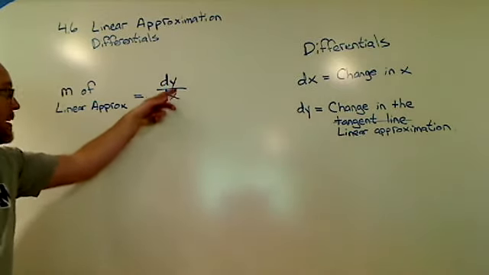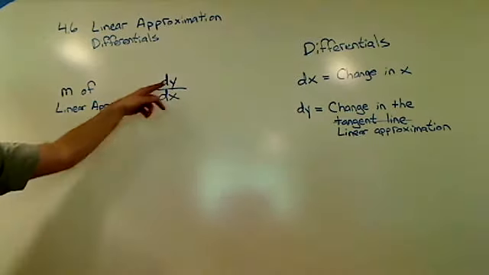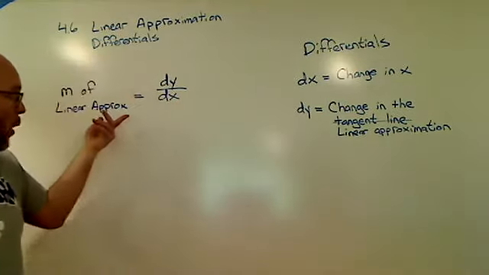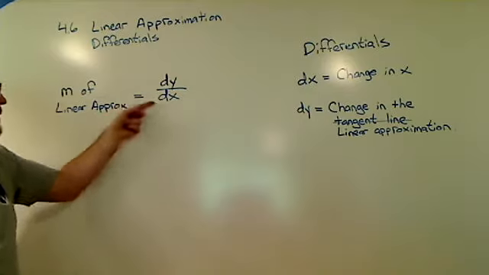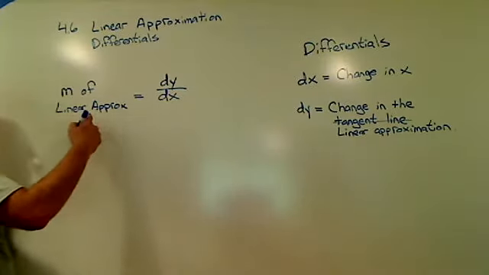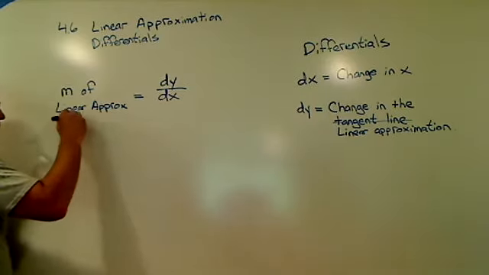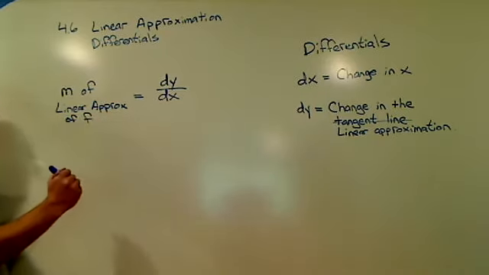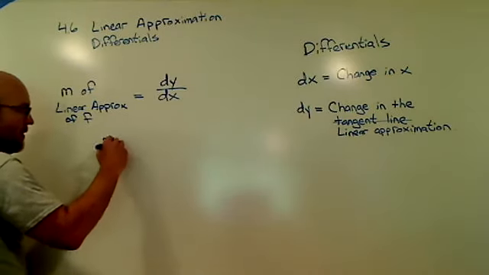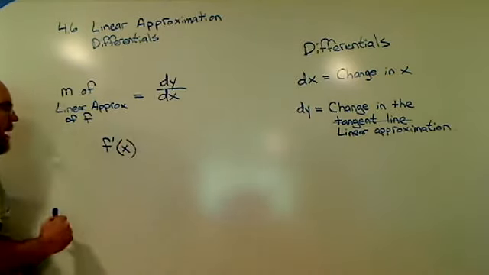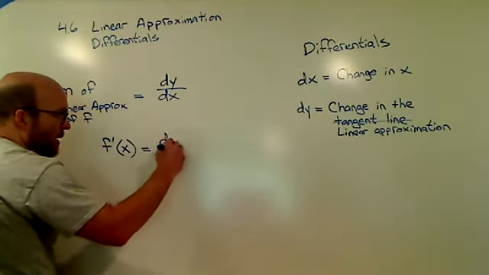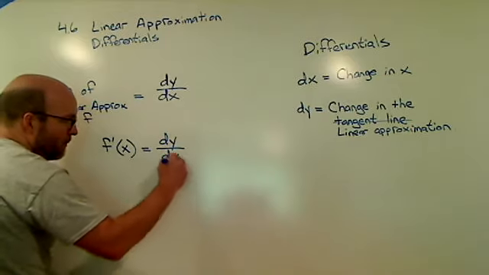And that's where it actually comes from, is that dy and dx just stand for change in x, change in y. The slope of a line is just this. The slope of the line, again, because this is the linear approximation of the function, this is the linear approximation of f. But the slope of the linear approximation of f, that is absolutely positively the derivative evaluated at whatever x value you're looking at is going to be dy divided by dx.